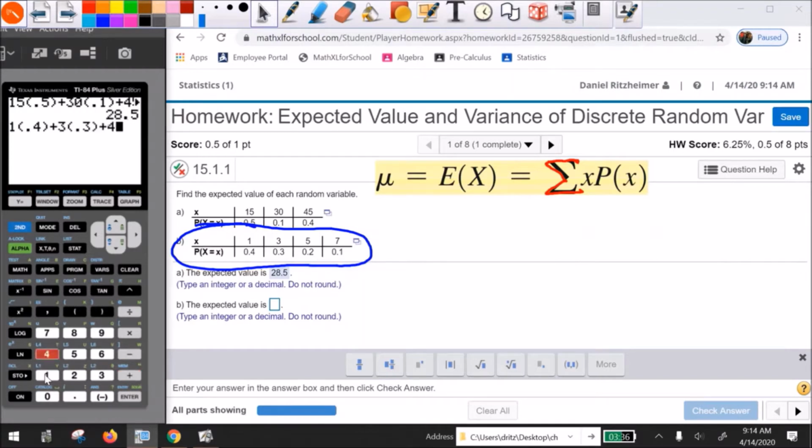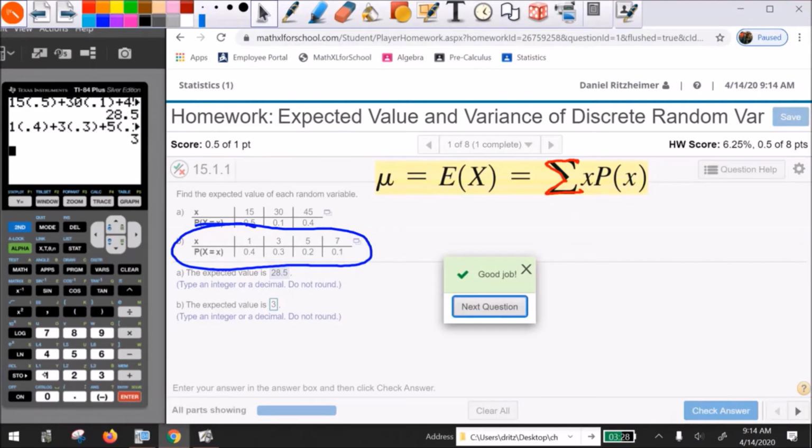The outcome 5 has a probability of 20% associated with it. And the outcome 7 has a probability of 10% associated with it. The expected value is therefore 3. Check answer. Good job. Next question.